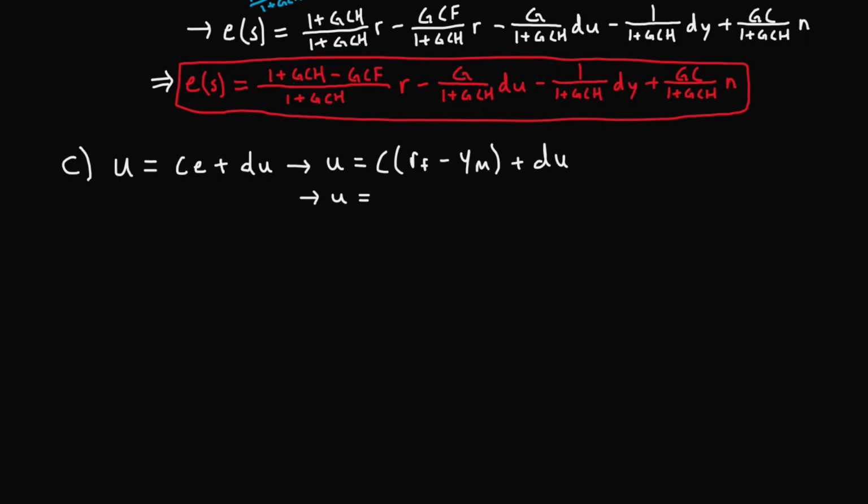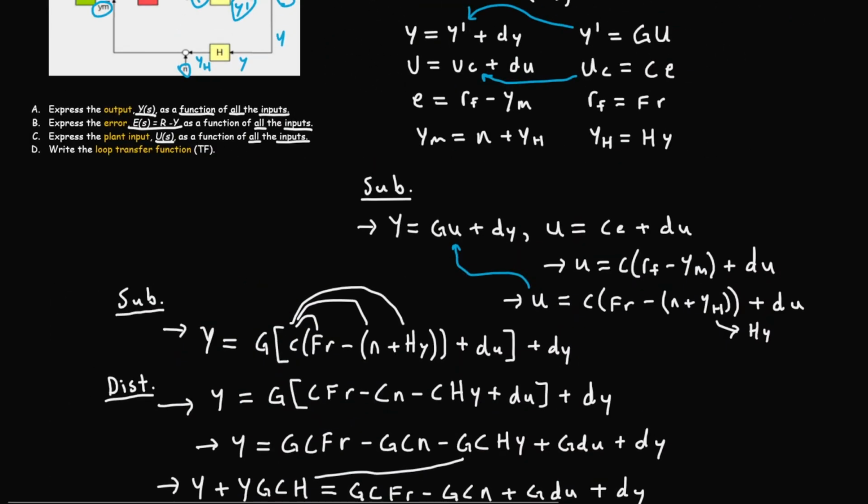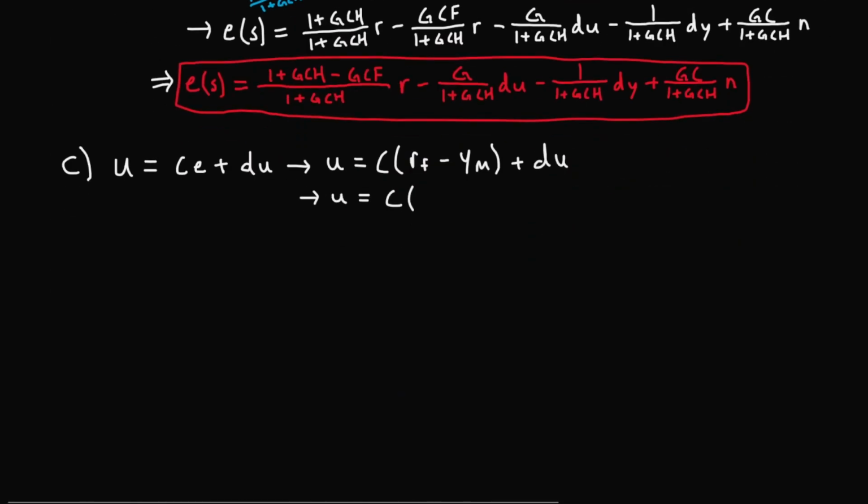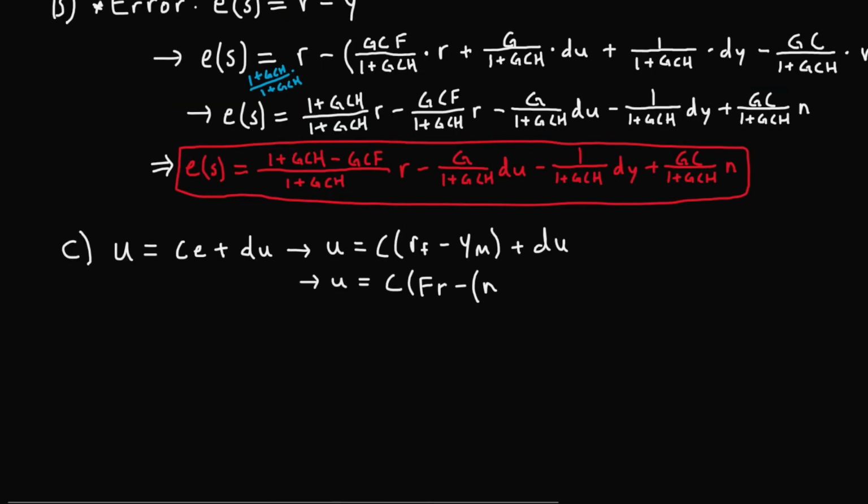And then we can express rf as Fr and ym as n plus yh. So this will be C times Fr minus parentheses n plus yh, close parentheses plus du.